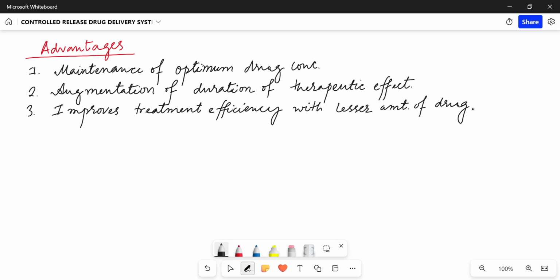And the fourth one is reduce side effects. Fifth one is lesser frequent administration.